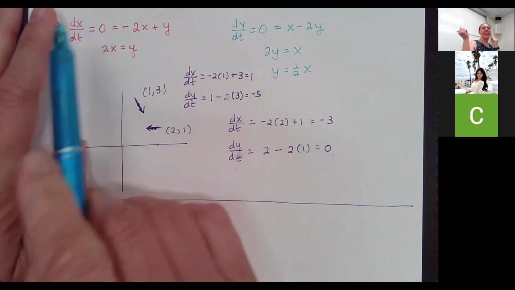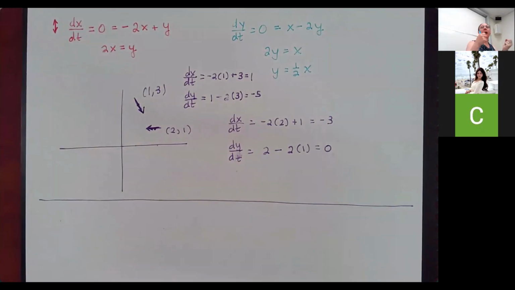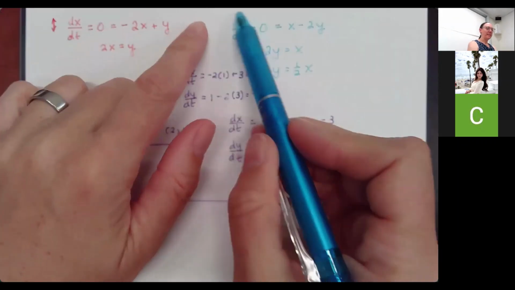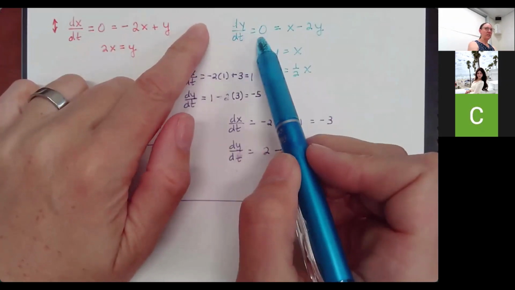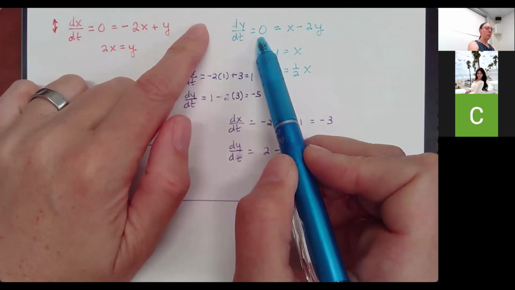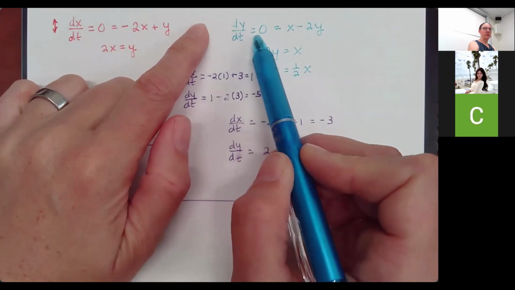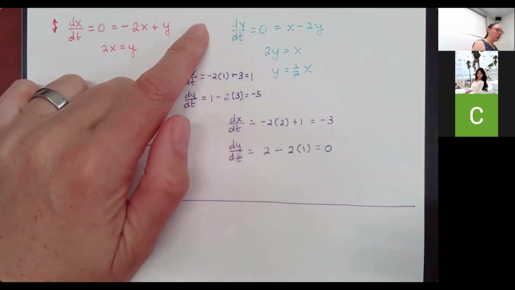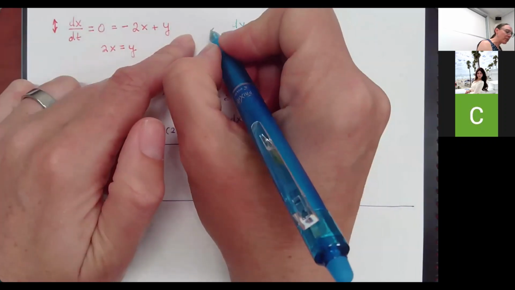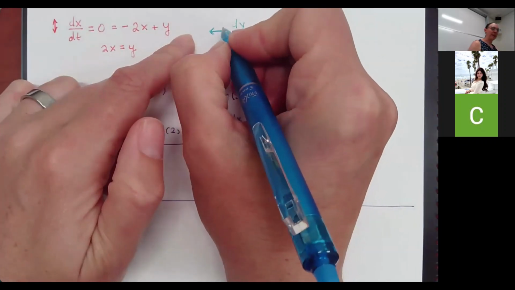So I'm not going to have any left or right. I might have an up down, but I'm not going to have a left right. Anywhere along my dy dt nullcline, the y component of my direction vector will be 0. So the only directions I could point are left, right.